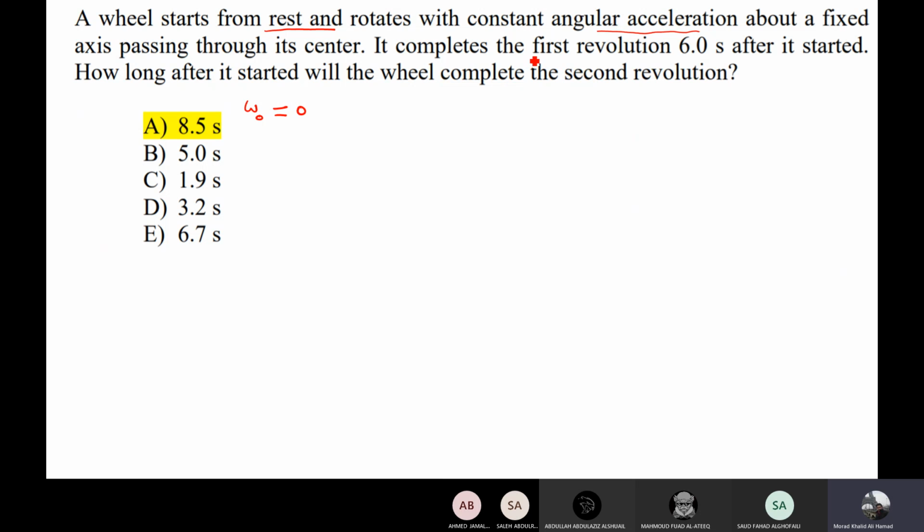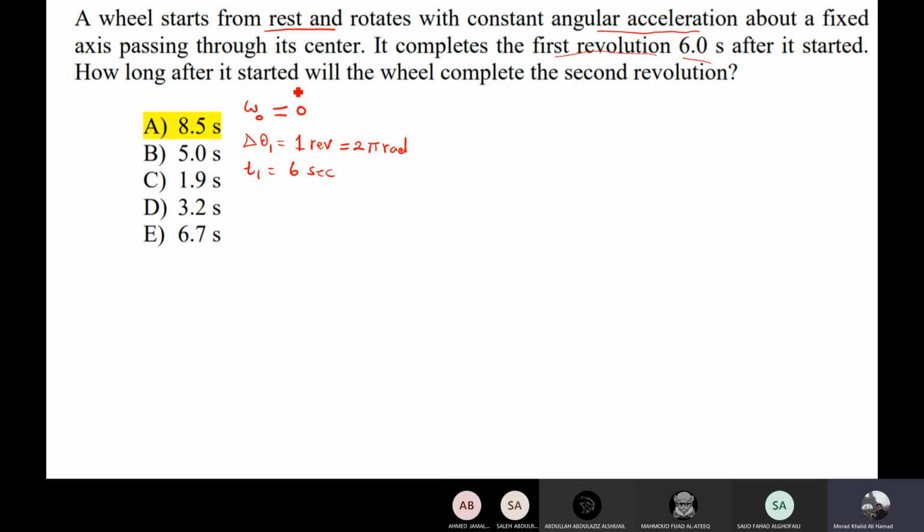It completes the first revolution, which means delta theta 1 is equal to 1 revolution, which is 2 pi rad, in 6 seconds, which means T1 is equal to 6 seconds.